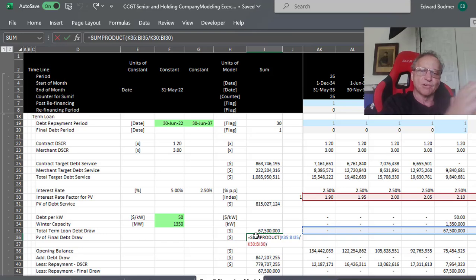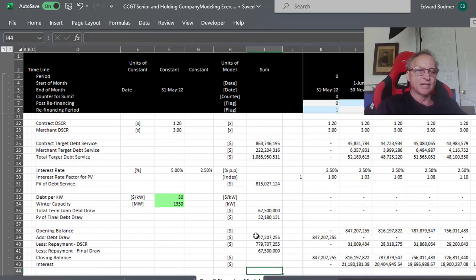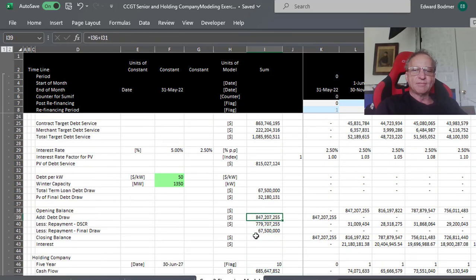I use the sum product and divide. You can divide it and multiply it, whatever you want to do to get the NPV correct. When you get the NPV correct, you can then size the debt as the PV of this amount plus this amount, which gives you 847, and you stick that amount right in the period right before you start to repay it, and then you do all the interest.